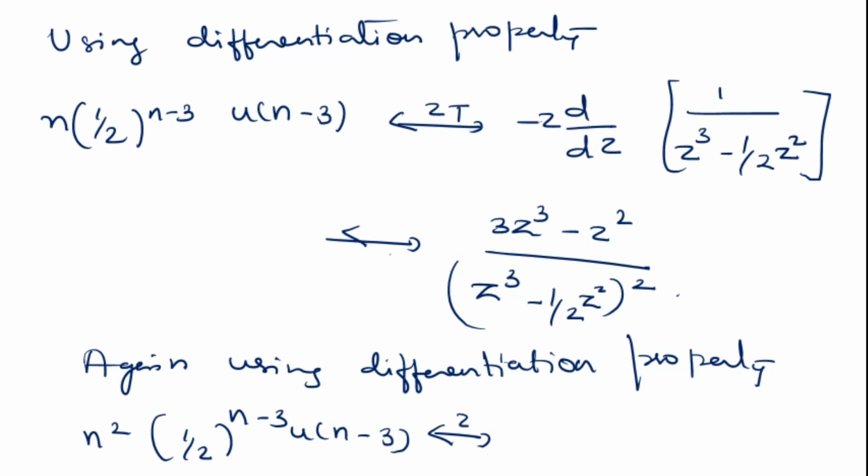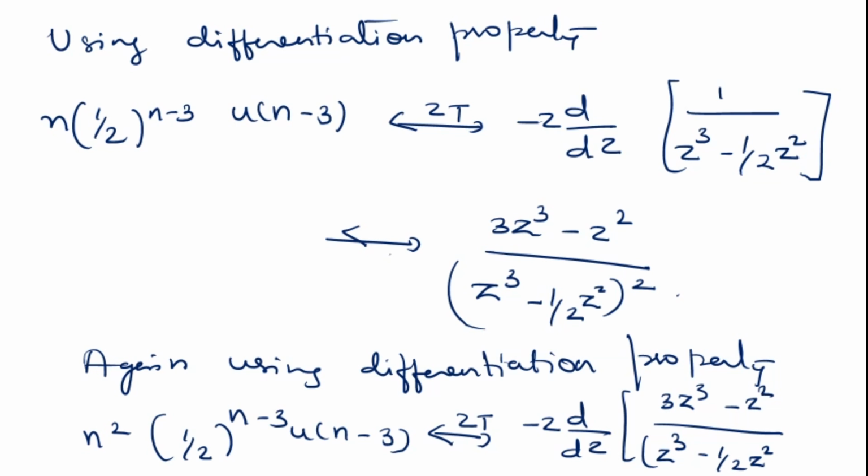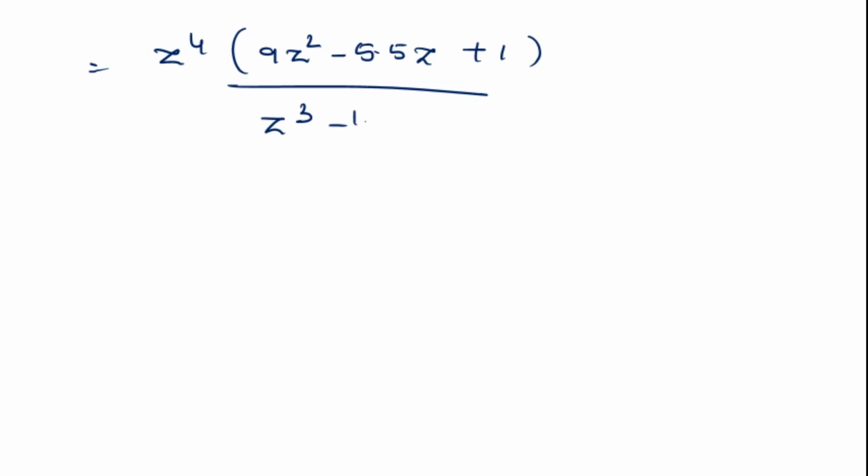If we take z transform, minus z into d by dz of 3z cube minus z square divided by z cube minus half z square whole square, which is equal to z to the power 4 into 9z square minus 5.5z plus 1 divided by z cube minus half z square whole cube.